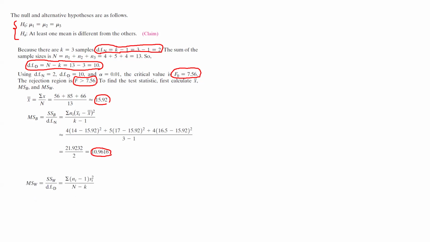Now let us calculate MS within. We need to add ni minus 1 times their variance and then divide by n minus k.